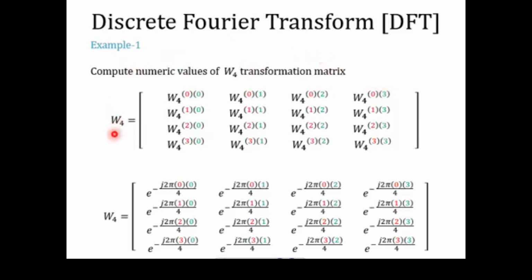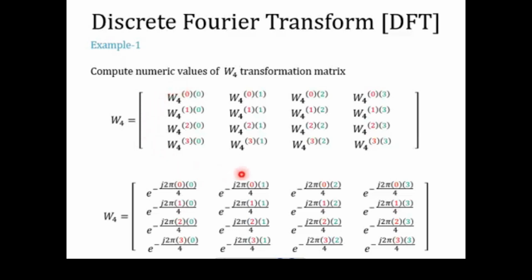So the W4 matrix will have 16 entries in total, where in each entry the common factor will be W4, which is written with a black color, while the superscript values will be written based on the values of K and N.